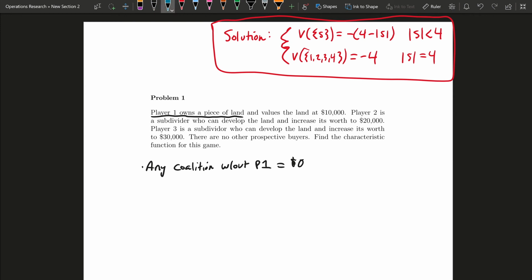So we have V of empty set equals V of player 2 equals V of player 3 equals V of players 2 and 3, which all is just going to be equal to $0.